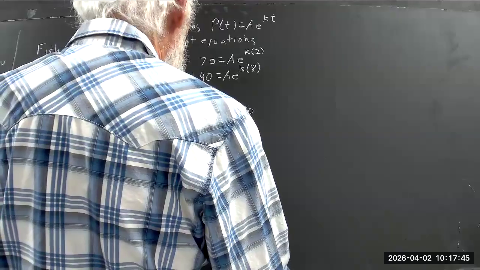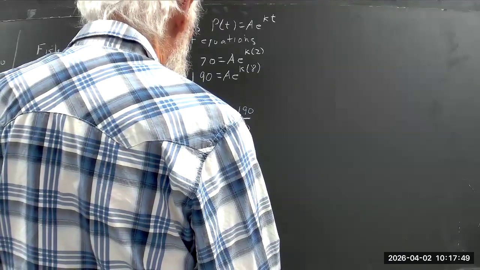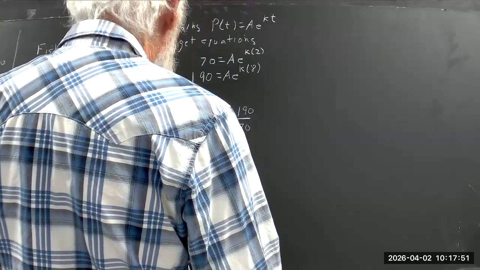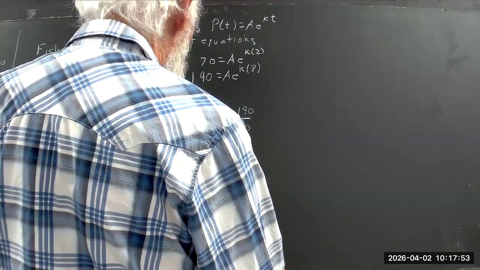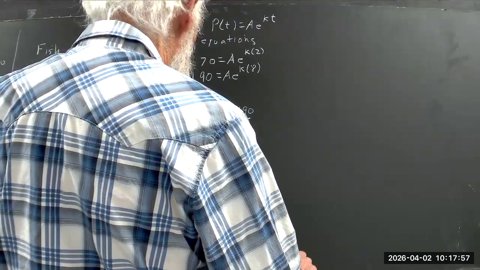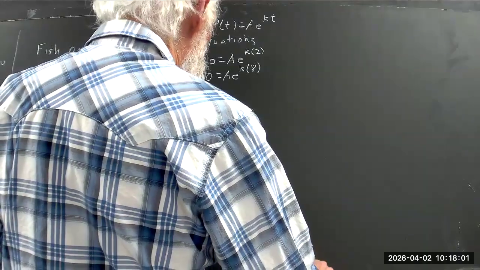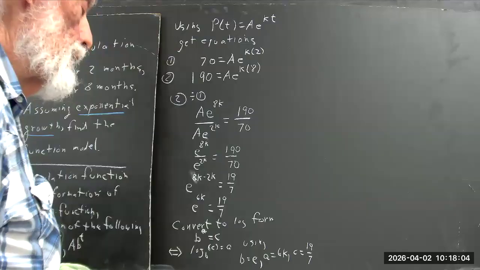So I'll just say down here, using B equal to e, A equal to 6k, C equal to 19/7.